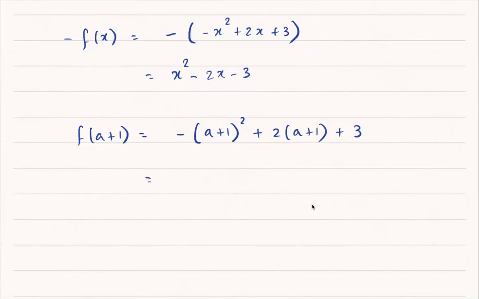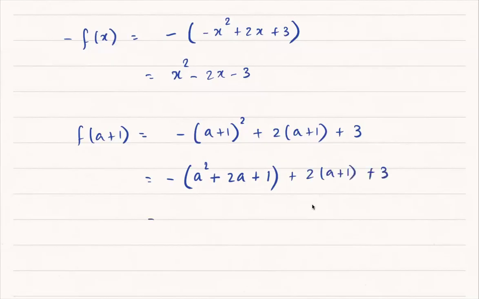Now, knowing that, I'm going to keep the negative sign outside. I square the first term, a squared, plus 2 times a times 1, that is 2a, plus b squared. B is 1 in this case, 1 squared is 1. So then I keep this as is.